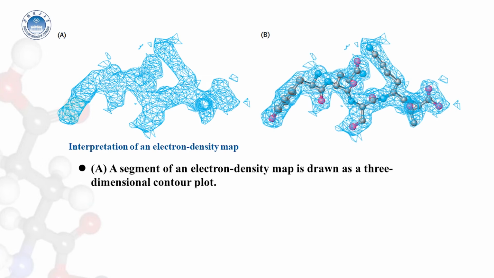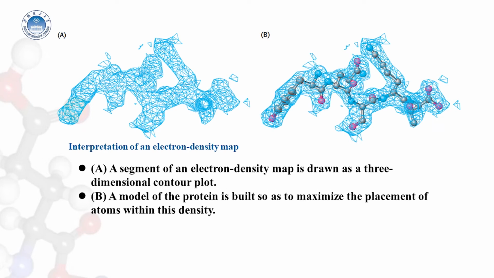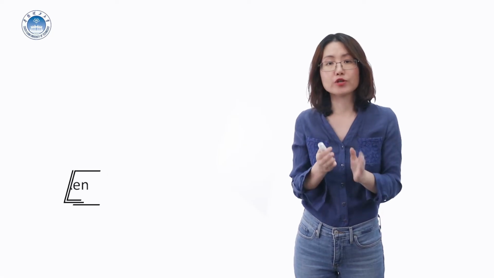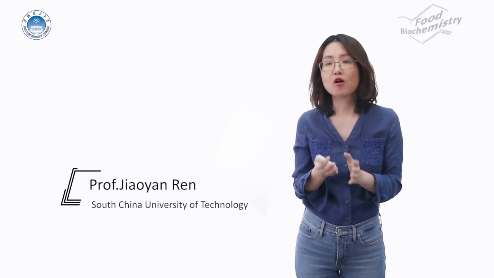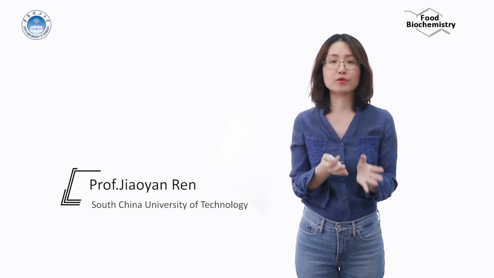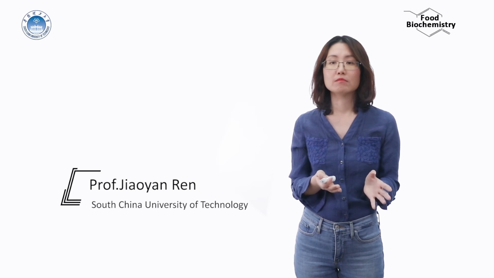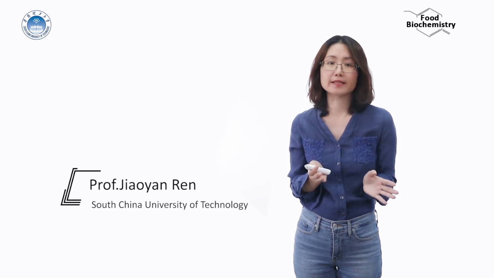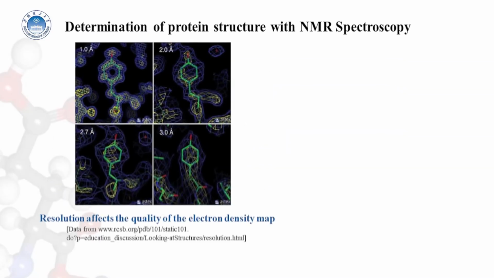It is a three-dimensional graphic presentation of where the electrons are most densely localized and is used to determine the position of the atoms in the crystallized molecule. X-ray crystallography is the most powerful method for determining protein structures. However, some proteins do not readily crystallize.